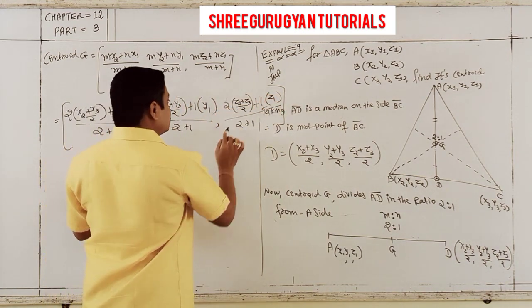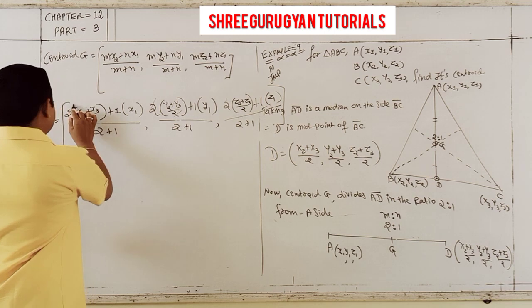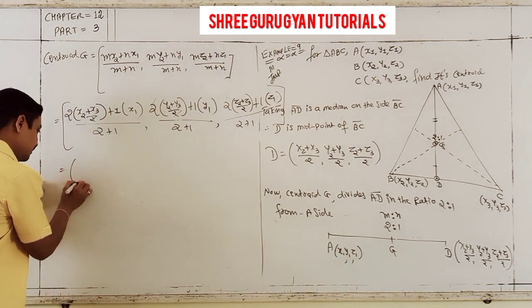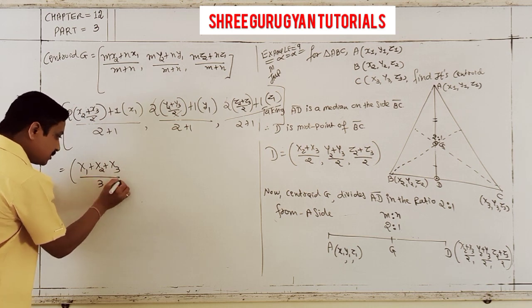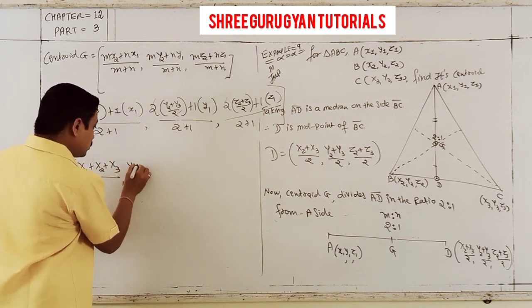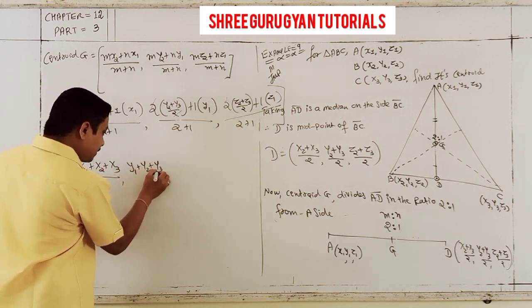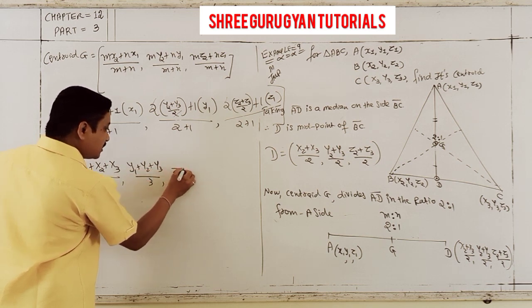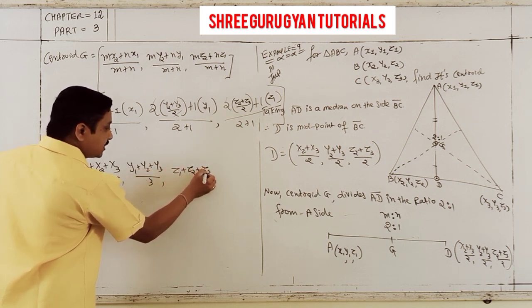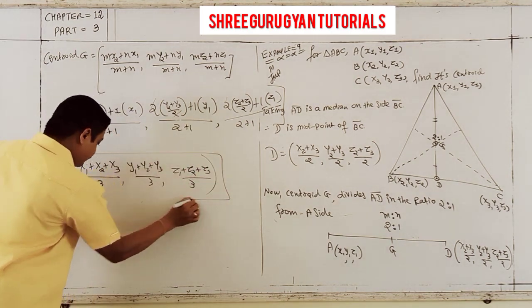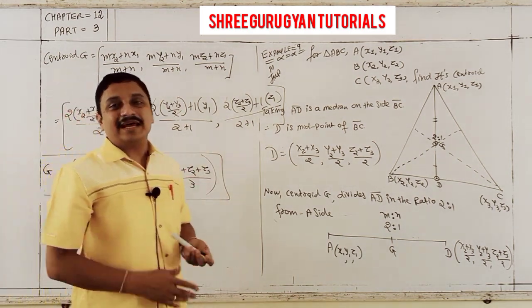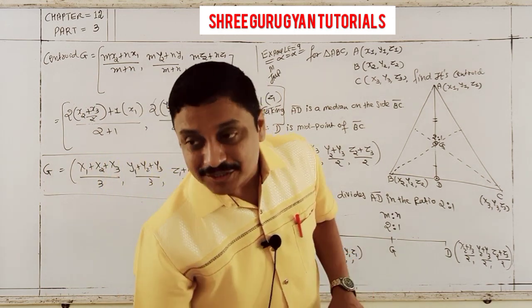That cancels, this cancels, and that cancels. You have only x1 plus x2 plus x3 by 3, y1 plus y2 plus y3 by 3, and z1 plus z2 plus z3 by 3. That's your centroid G coming. And that's example 9, very easily and happily done, students.